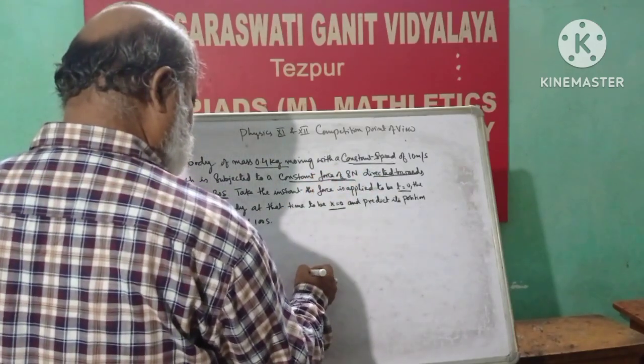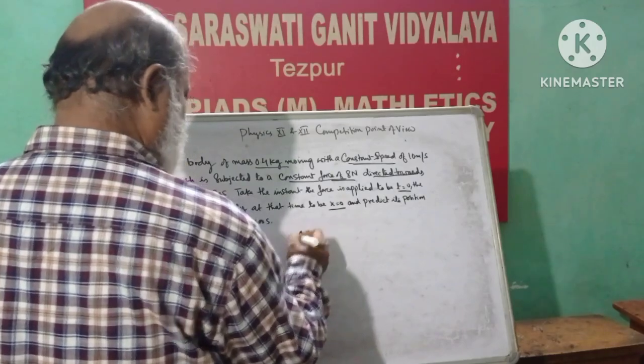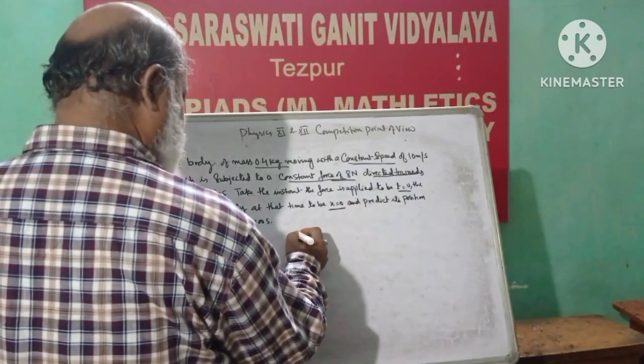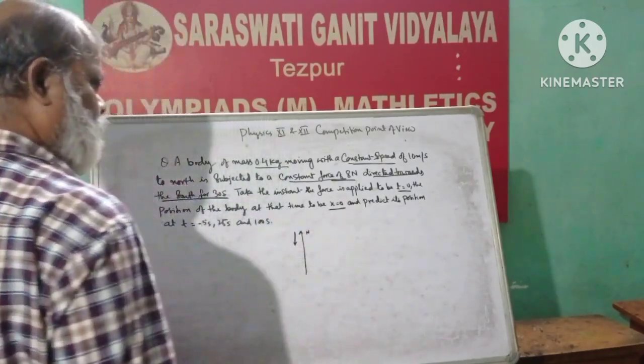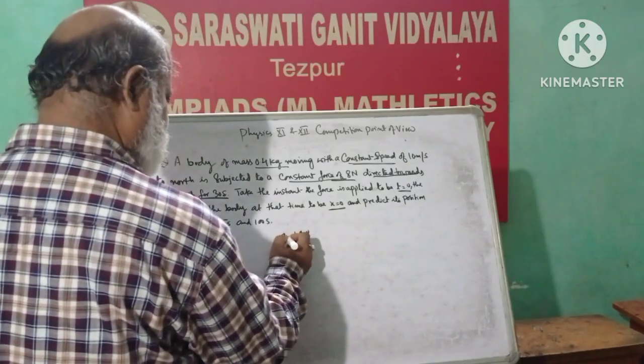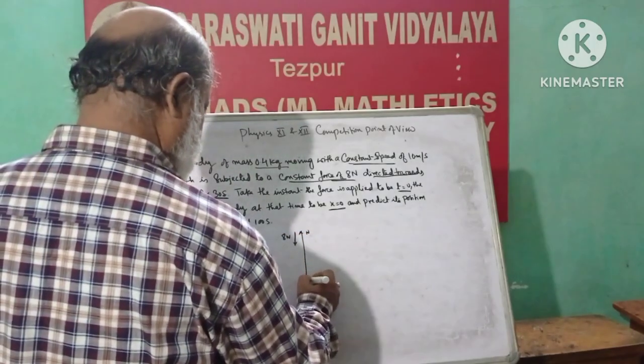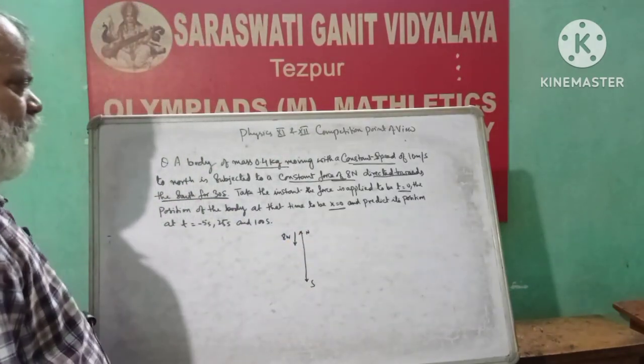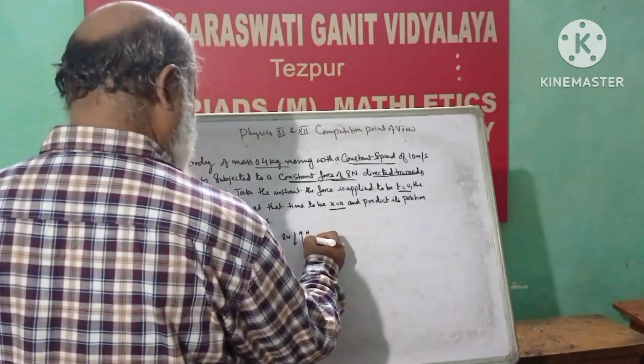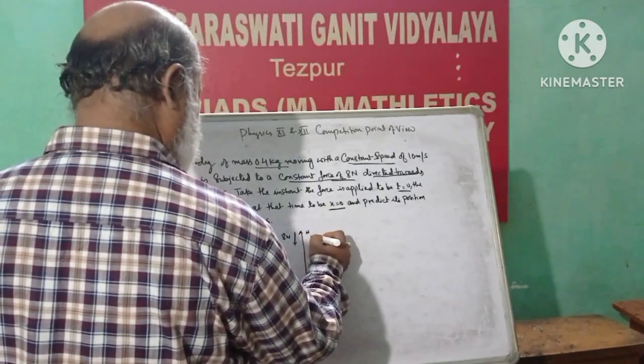That means the body is moving towards north, and here a constant force is acting, that is 8 newtons towards south, because this is your south. And the time is given as 30 seconds.